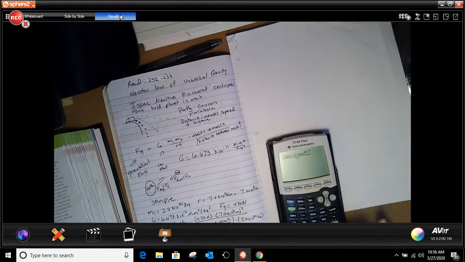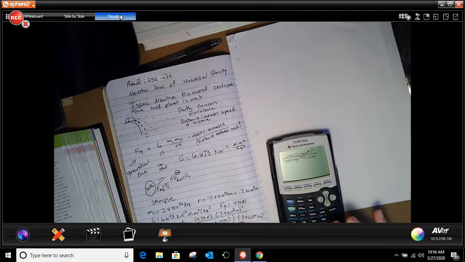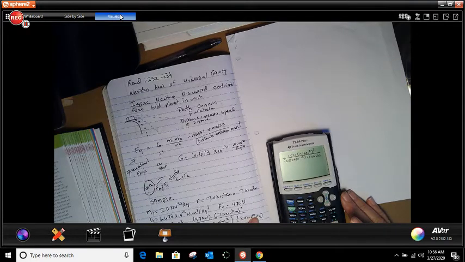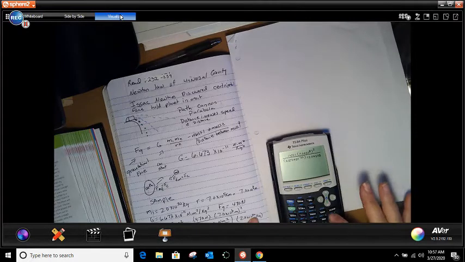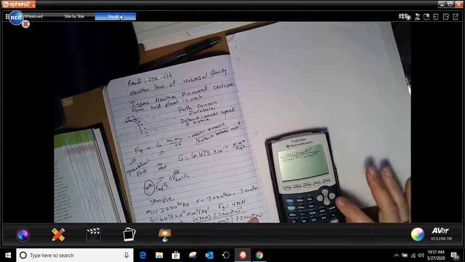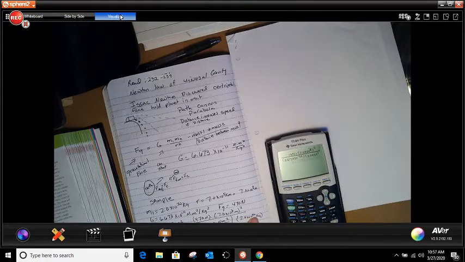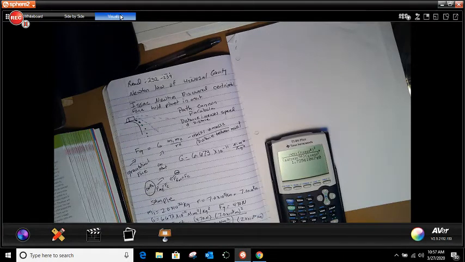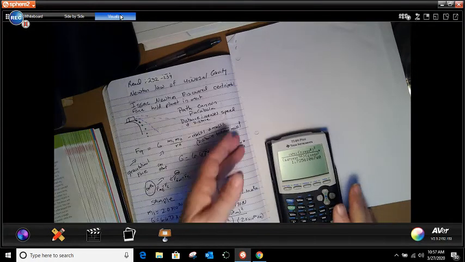So open bracket 6.673 times 10 caret negative 11, close bracket, open bracket 2.0 times 10 to the 30th power. Close bracket and then hit enter. 1.7265610E0, which I'm going to change to 1.7.